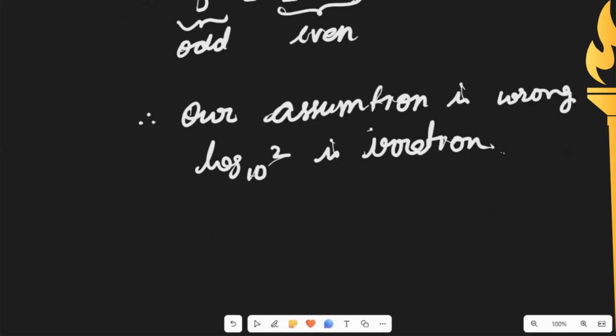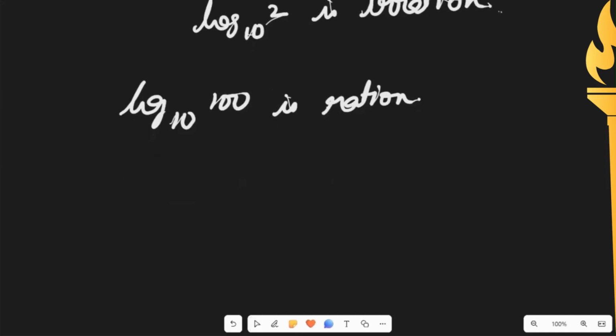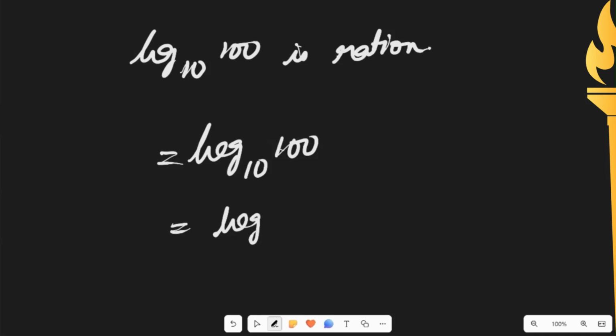Next we have, is log 100 rational or irrational? Log 100 base 10 is rational. To justify my answer, 100 can be written as 10 square.